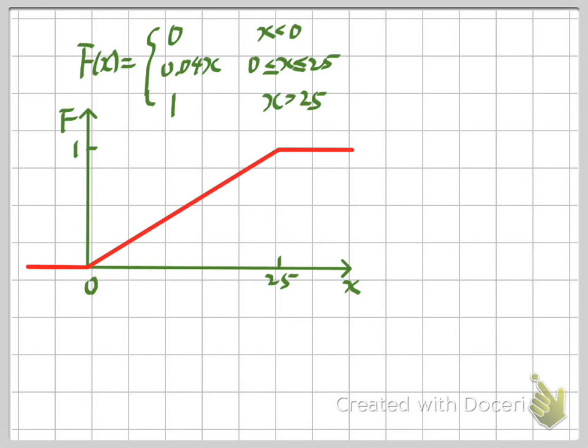Okay, so this is what we have for this CDF, and you can see this is a non-decreasing function. So that is my explanation of the CDF of a continuous random variable.